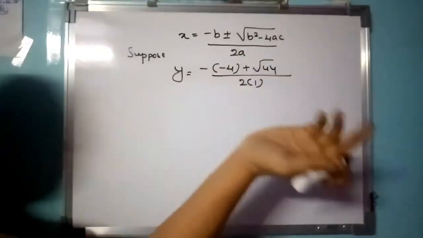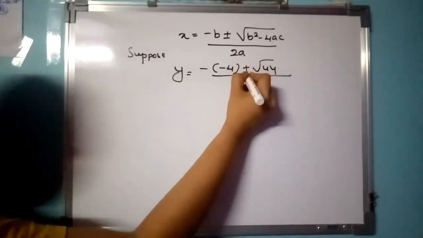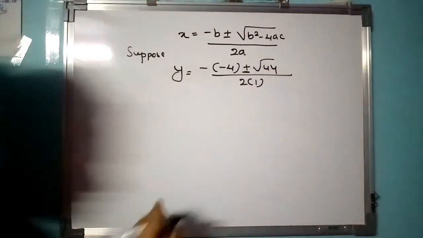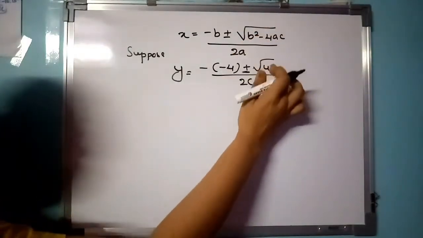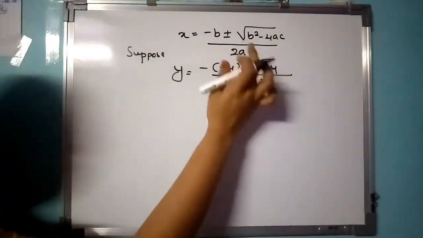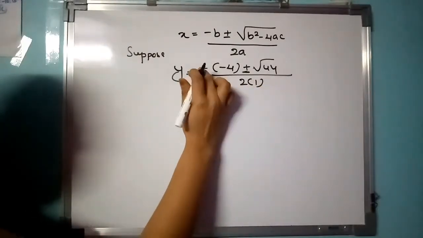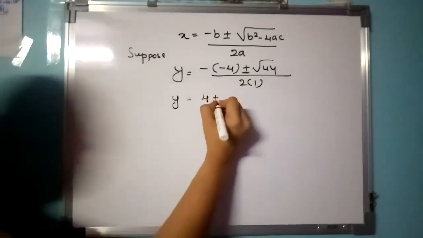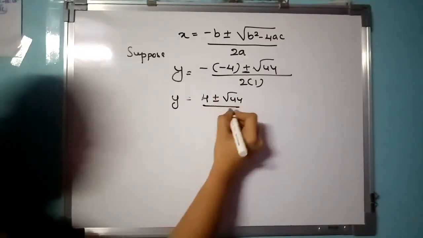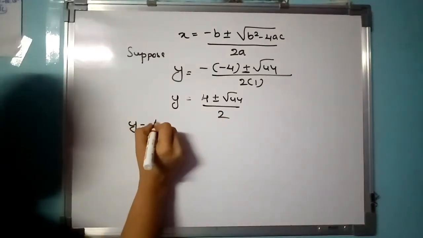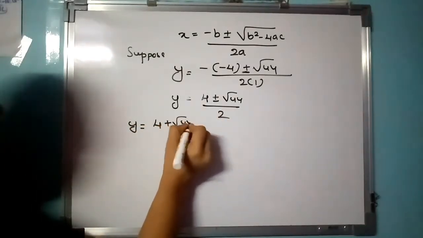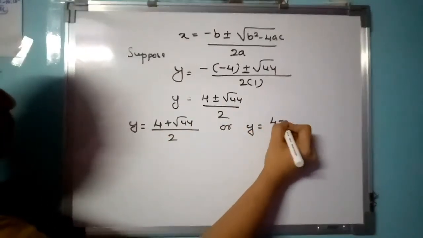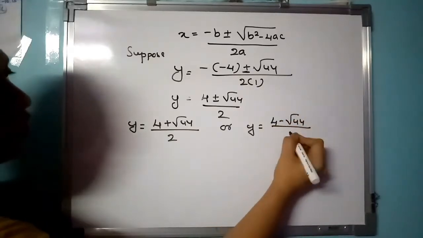Place the value of b as minus 4, plus or minus as it is according to the formula, and b square minus 4ac value is under root 44, and the a value is 1, and 2 is constant. So minus minus plus, so 4, y is equal to plus or minus under root 44 upon 2. Y is equal to 4 plus under root 44 upon 2, or y is equal to 4 minus under root 44 upon 2.